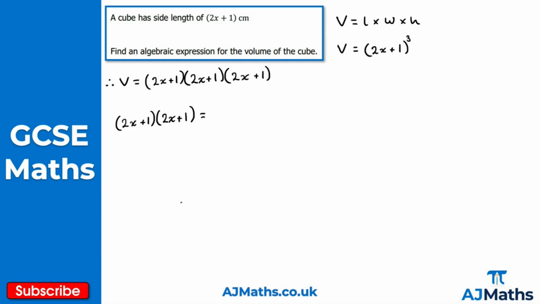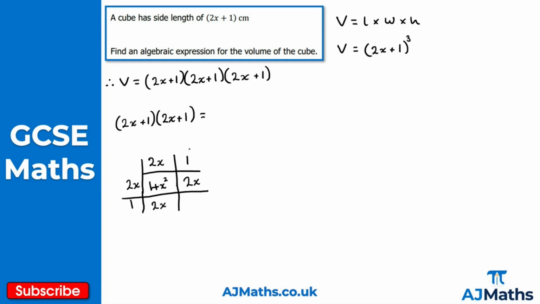well, in that case, using the grid method, I'm going to get 2x plus 1 along the top, so 2x and 1. And then the same down the side, we get 2x and 1. Okay, so finding the products here, 2x times 2x would give me 4x squared. 2x times 1 would give me 2x. 2x times 1 again will simply give us 2x again.